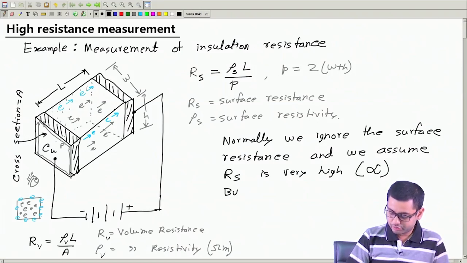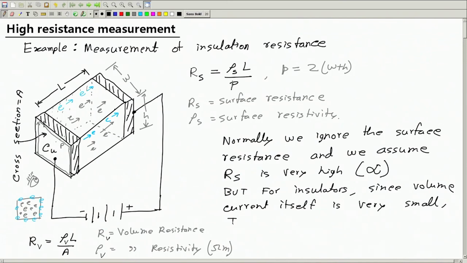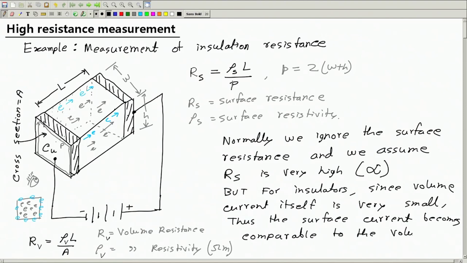But for insulators, since the volume current itself is very small, the surface current, which is also small, now becomes comparable, that means no longer negligible, comparable to the volume current.